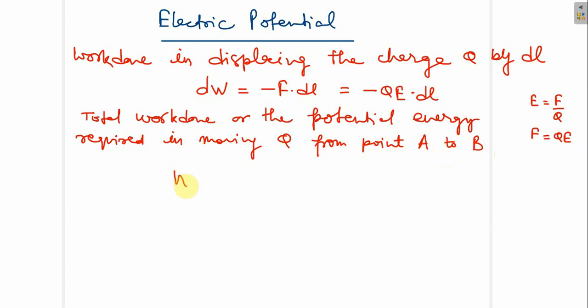Simply this dW value we will integrate, then we will get the total work done. So W equals minus Q, which we can take out, times the integral of E dot dl from A to B.